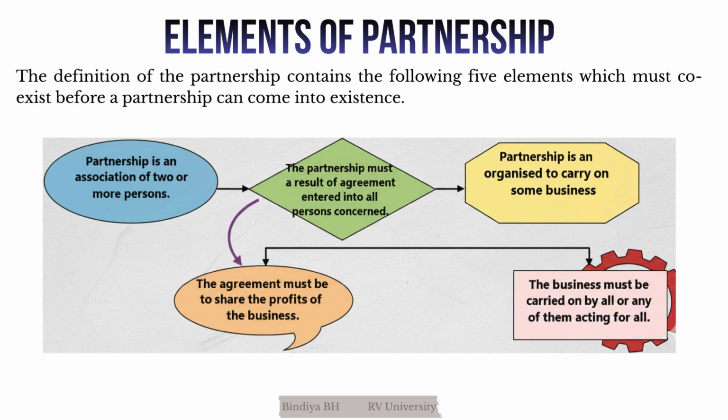Let me explain this with an example. If A receives 10% of profits as commission, he is not necessarily a partner. He may be an employee, or a manager, or a consultant. Hence, profit sharing alone is not enough.